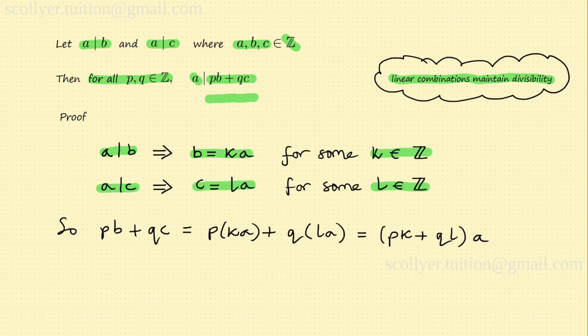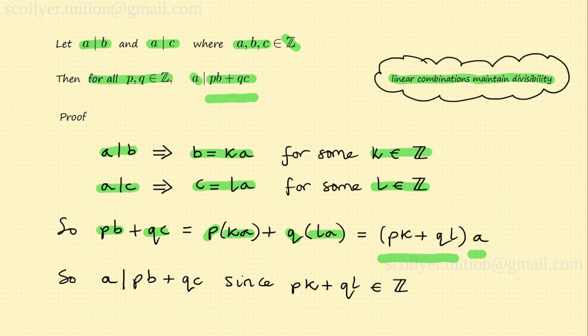And now we proceed much as we did with the 7, 21, 77 example. pb plus qc equals p times ka, since b equals ka, plus q times la, since c equals la.